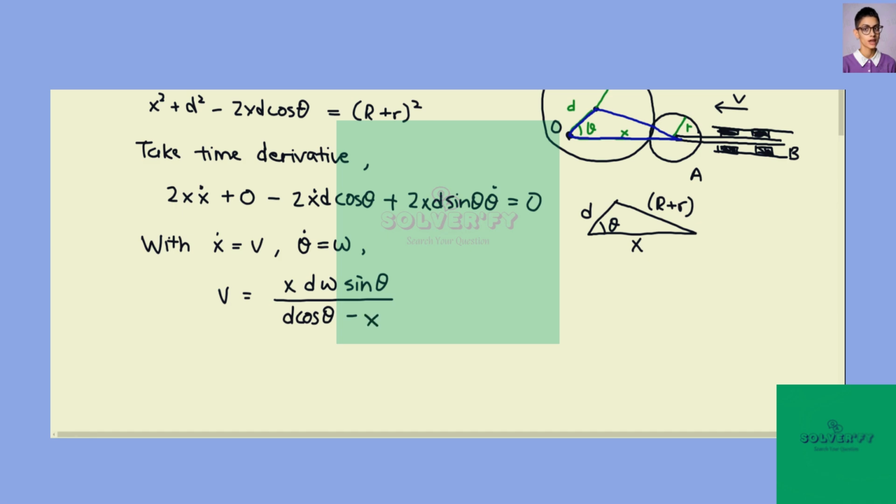Here we will need to replace x. I'm going to call this equation 1. I'm going to replace x from the law of cosines equation. From 1, we have x squared minus 2xd cosine theta plus d squared minus (big R plus small r) squared, equals 0.